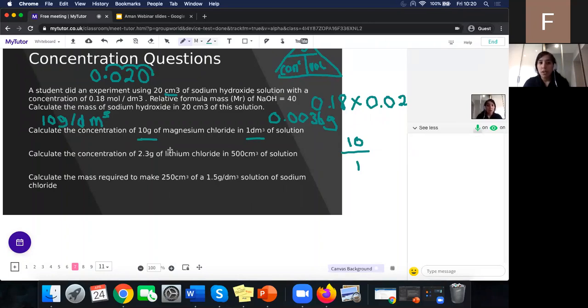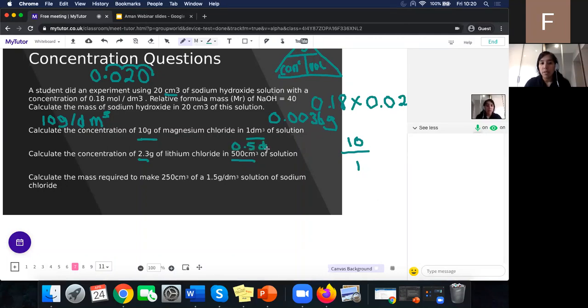The third question then. We've got a concentration that we need to calculate, 2.3 grams, 500 centimeters cubed. So one of the units is off. Well done to people giving me the answer for the previous question. 500 centimeters cubed, we convert to decimeters cubed, again, divide by 1,000. So you're going to end up with 0.5.